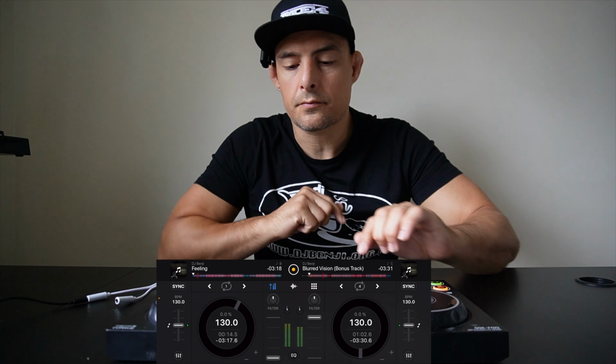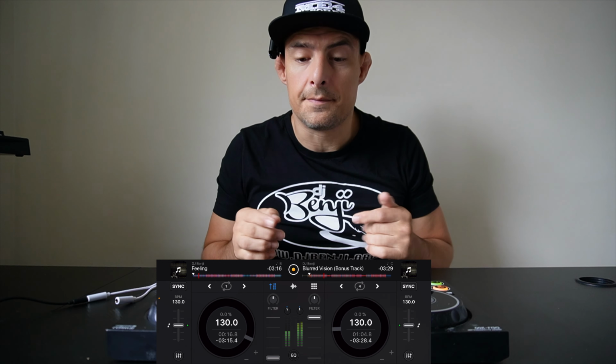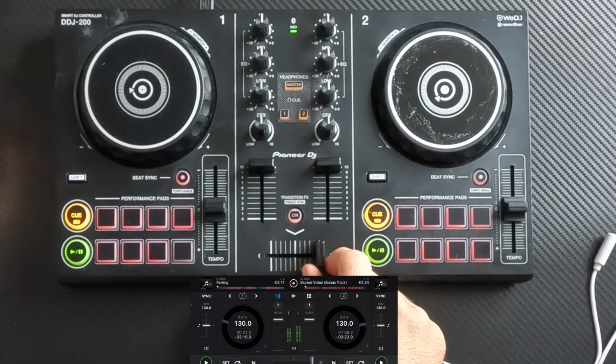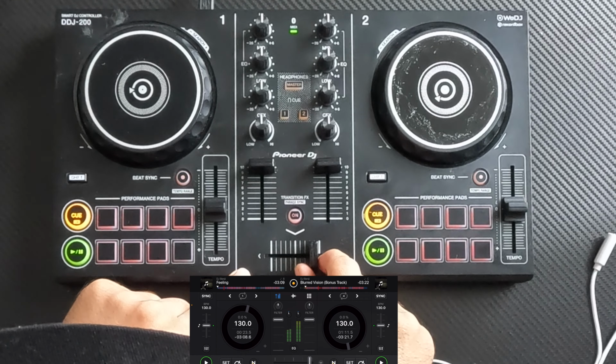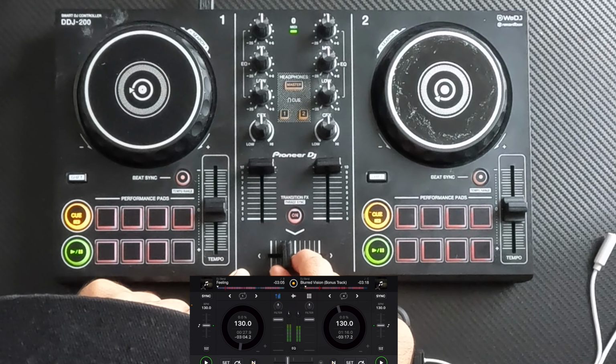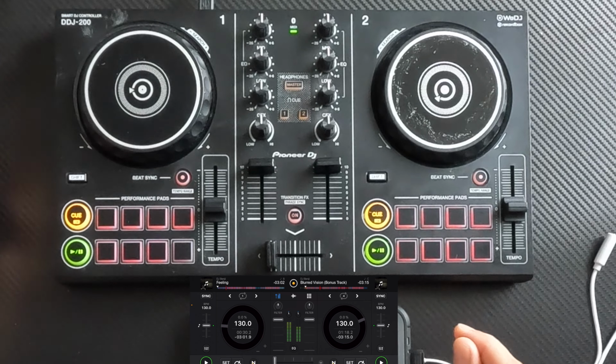So the idea of the crossfader, which is this thing here, is to give us a transition between this one and this one.